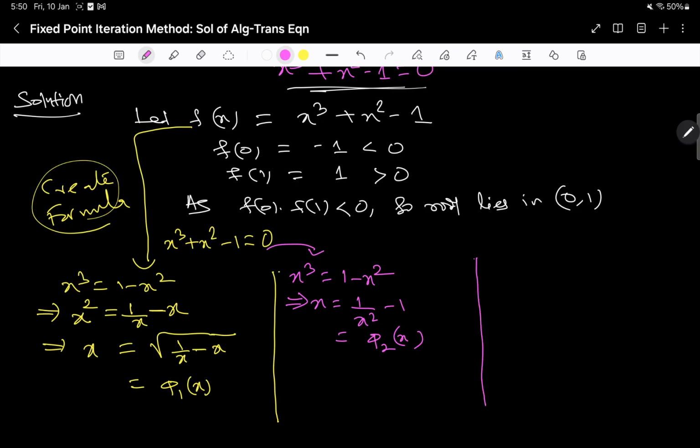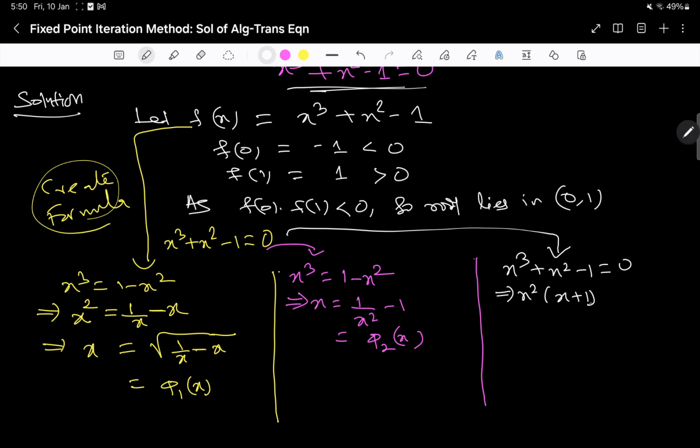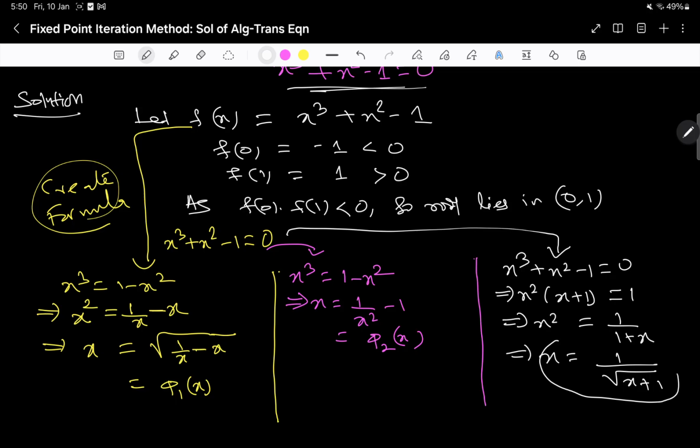And suppose in another way I simplify it: x cube plus x square minus 1 is equal to 0 implies x square into x plus 1 is equal to 1, implies x square is equal to 1 by 1 plus x. This implies x is equal to 1 by root over of x plus 1. Suppose this is my phi 3 x.